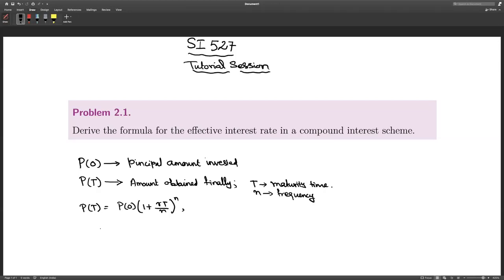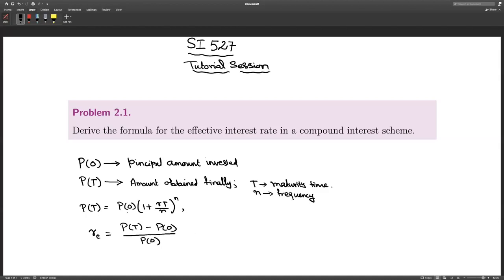Now, what is the effective interest rate? Effective interest rate, denoted by R E, is nothing but P of T minus P of 0 divided by P of 0, right?